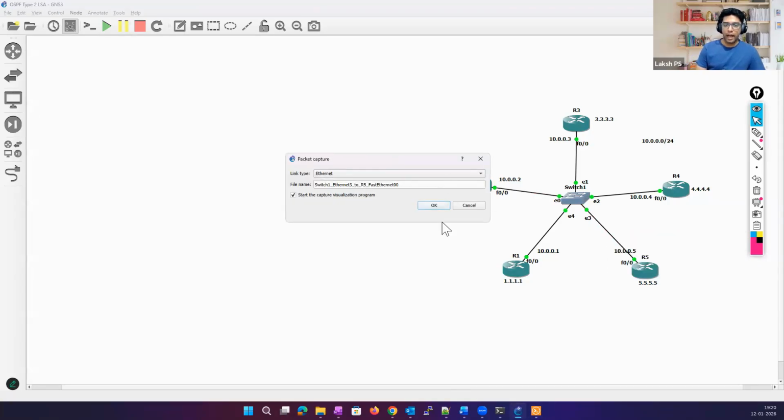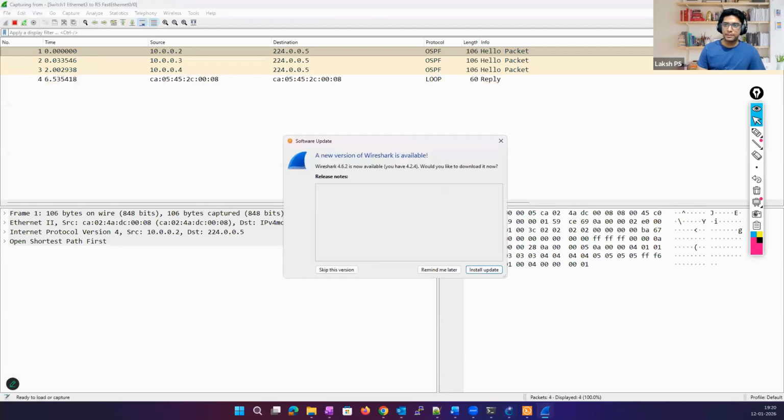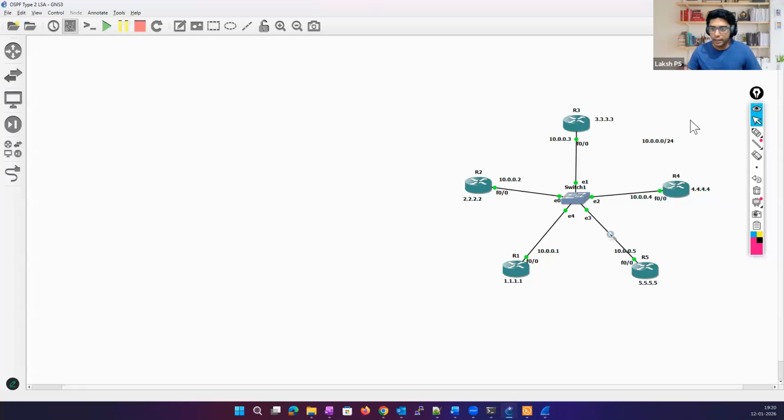All right. Now on R1, let us add a link. And here what I'm doing is capturing all the information that is flowing on this interface of R5.